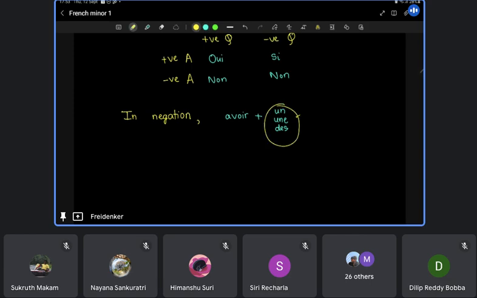This will become de or d'. It also holds for manger or other verbs as well, when you're dealing with quantities basically. Let me just write: dealing with quantities.